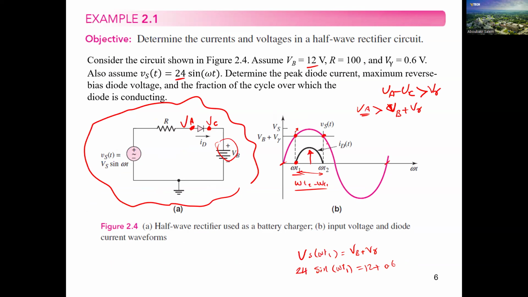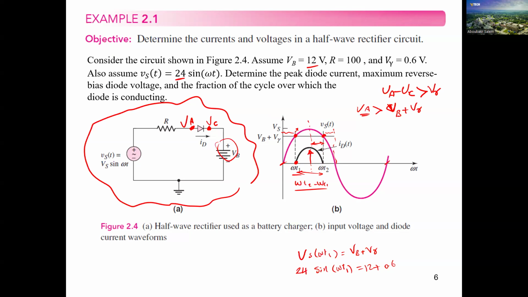So Vs will be equal to Vb plus V gamma at two angles. But because of the symmetry of the sinusoidal waveform, if this angle is omega T1, then the other angle here also equals omega T1, which means this part of the waveform is nothing but 90 minus omega T1.